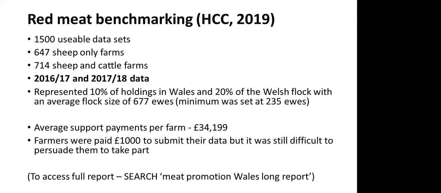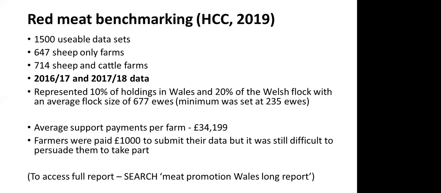Yep. One set of data that's well worth you having a look at, I would say, is the red meat benchmarking project, which was done with HCC in Wales. It was done with the 2016-17 and 2017-18 sets of data, but the report was produced in 2019. There were about 1,500 usable sets of data from beef and sheep farms across Wales.